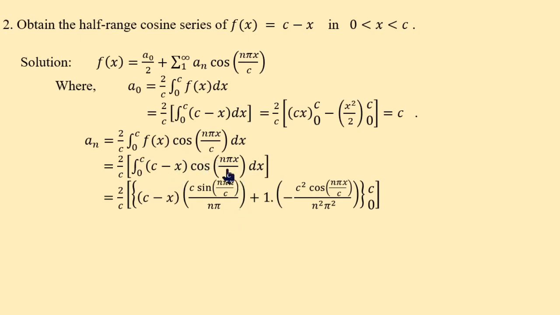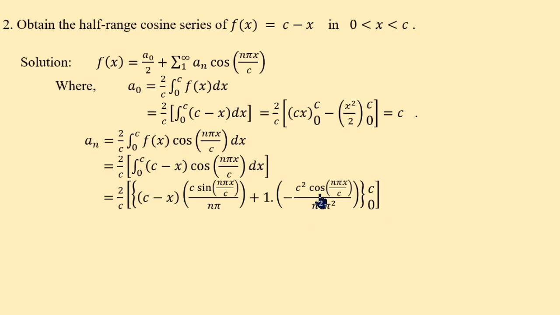Integral of cos is sine n pi x by c divided by n pi by c, c goes to numerator. And again integrate this, integral of sine is minus cos n pi x by c, one more n pi by c, so n square pi square by c square, that goes to numerator. Now limit is from 0 to c. For the upper limit, c minus c, that is 0. And for the lower limit, sine 0 is 0. Therefore, first part is 0 for upper and lower limit.